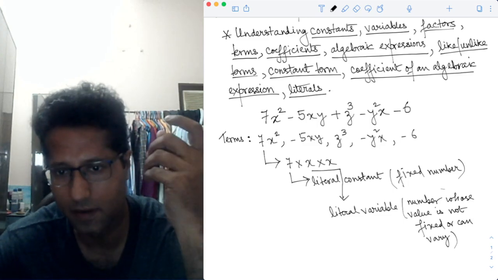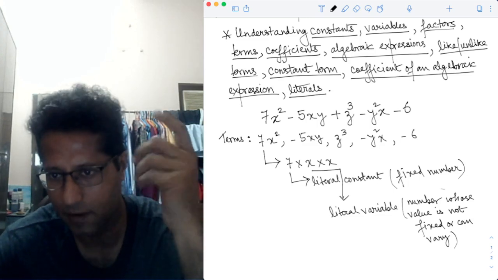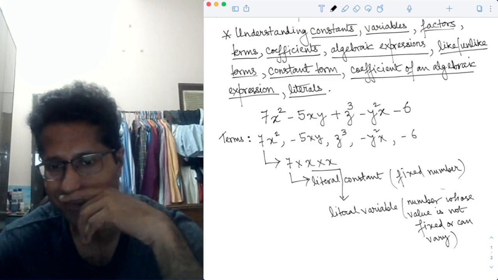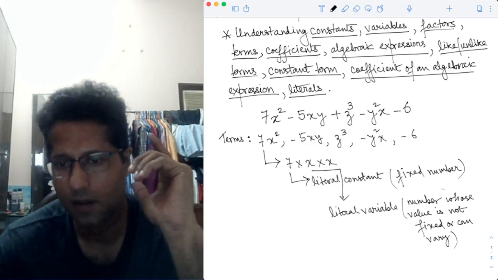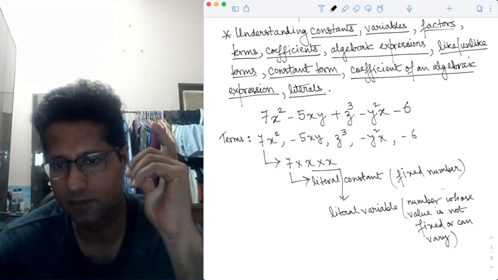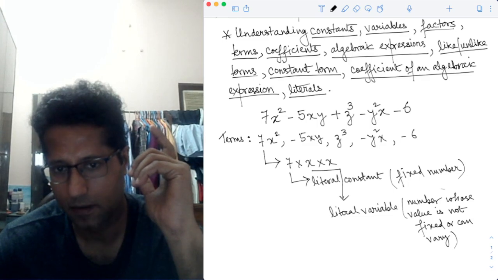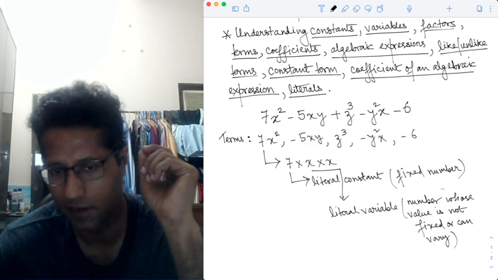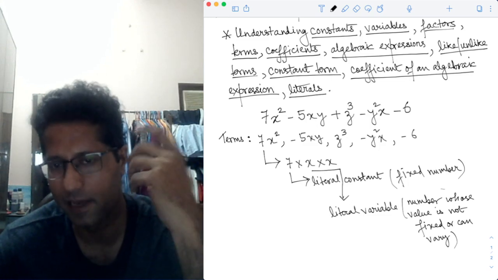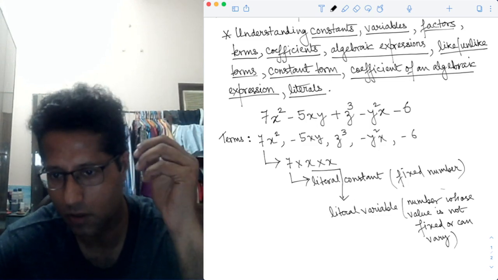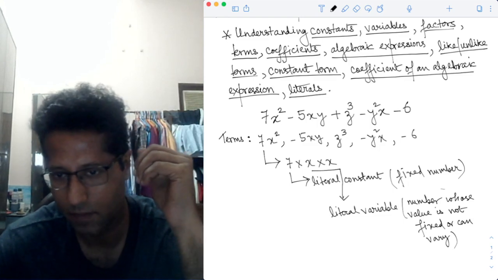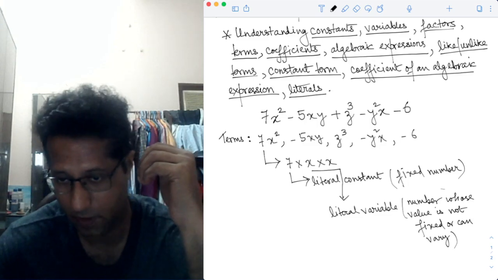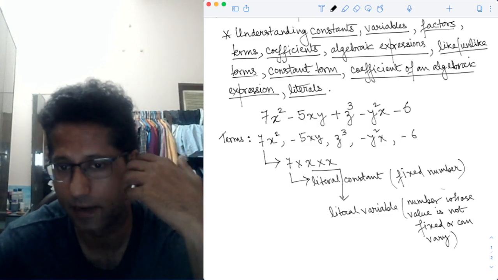And 7, since it's a constant and it's a symbol, is a literal constant, and x is a literal variable. So both 7 and x are literals, but 7 is a literal constant, that is its value will never change, but x is a literal variable because its value can vary. That is why it is said a variable. What is the meaning of the variable? Variable means something that can vary.